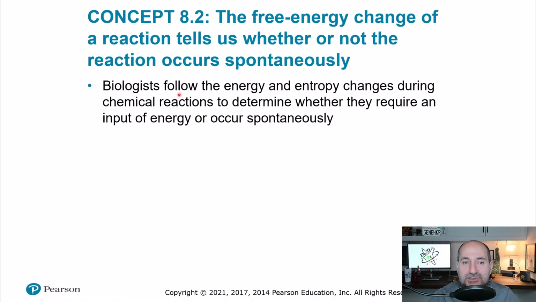Now, biologists follow the energy and entropy changes during chemical reactions inside of the cell to determine whether they require an input of energy or whether they occur spontaneously. Remember, spontaneous processes occur without any energy input. In fact, they can release their own energy, while non-spontaneous processes require energy input in order to proceed.